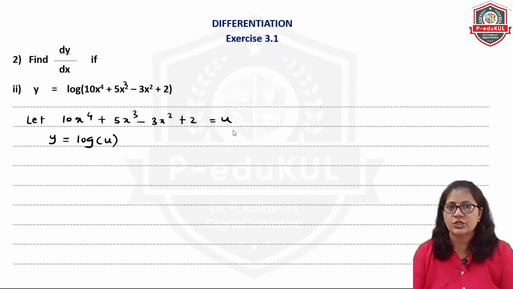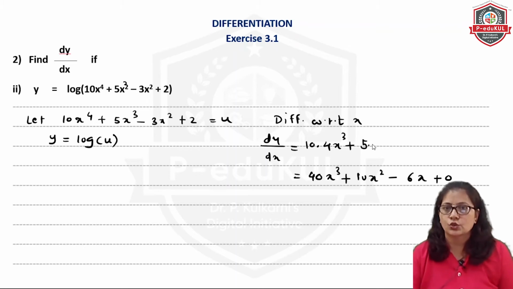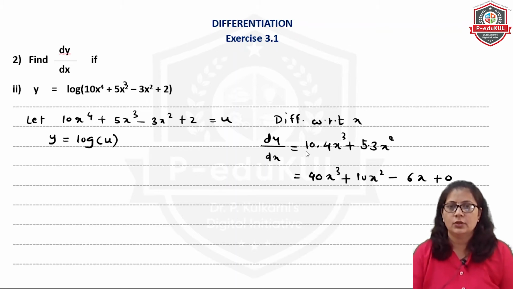So first I'll differentiate this function. So differentiating with respect to x, what I'll get, just see, du by dx is equal to 10 as it is. x raised to 4, what will be the derivative? 4x cube. So first we need to differentiate with respect to x.